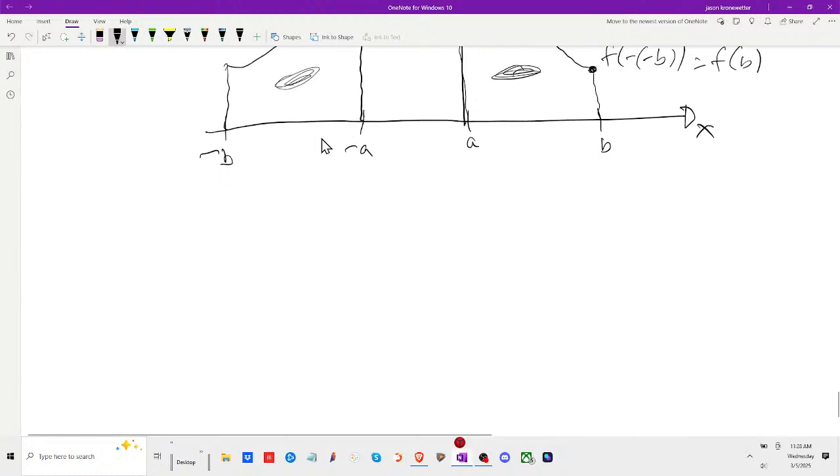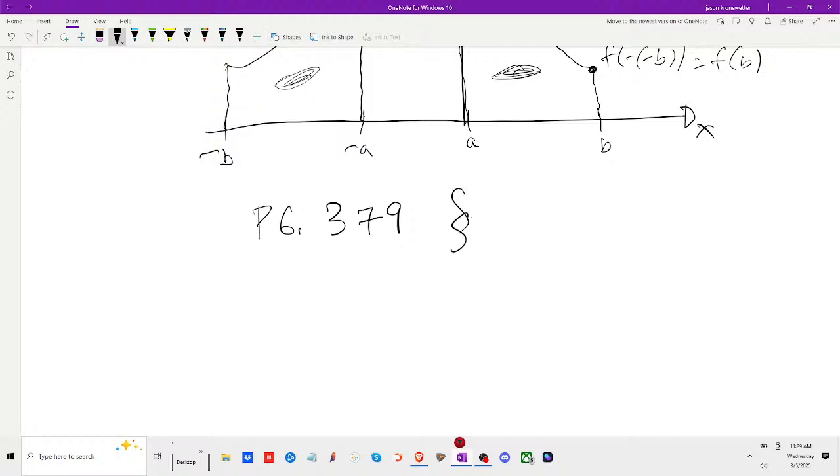Now we're also going to use another fact along the way, and that's this one. This is from page 379, section 5.2 in the book.